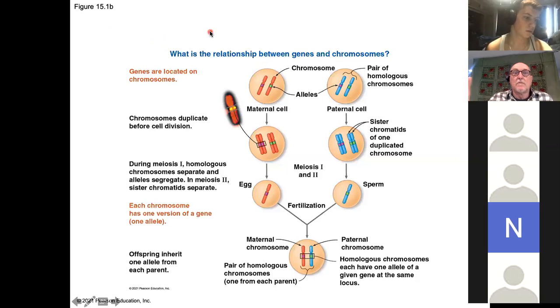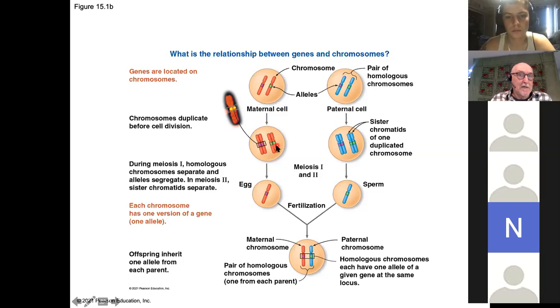When we look inside the cell and we realize the genes are indeed located on chromosomes, we can understand really easily, if we understand mitosis, how it is that genes get segregated. We understand, for example, using the previous karyotype that we saw, let's just take one set of chromatids, say it's one of the homologous pair.